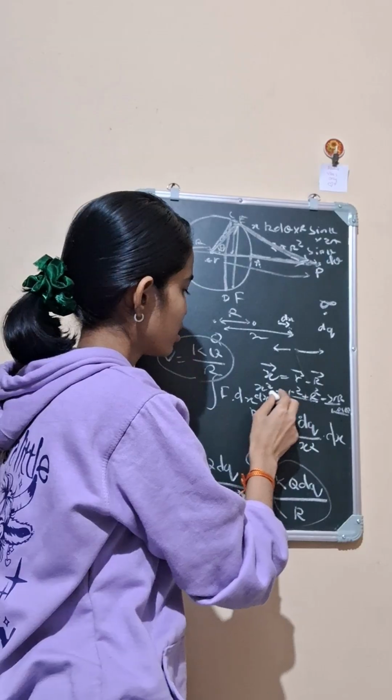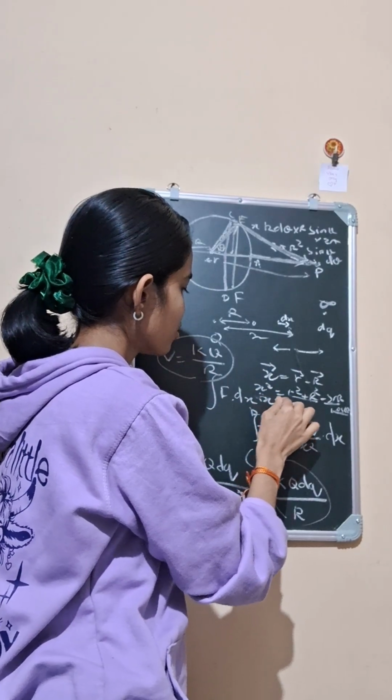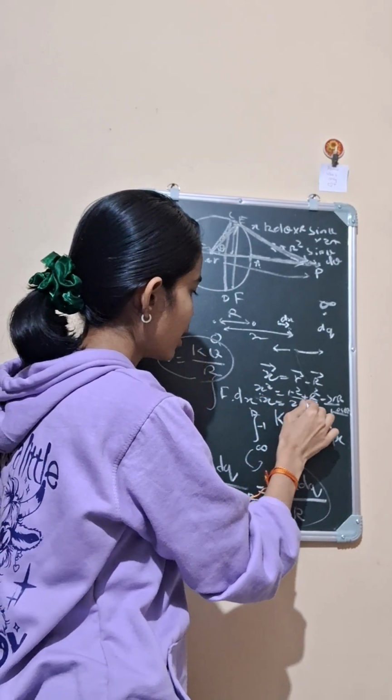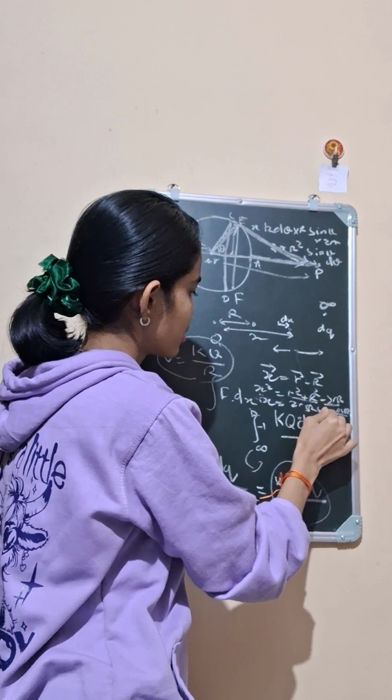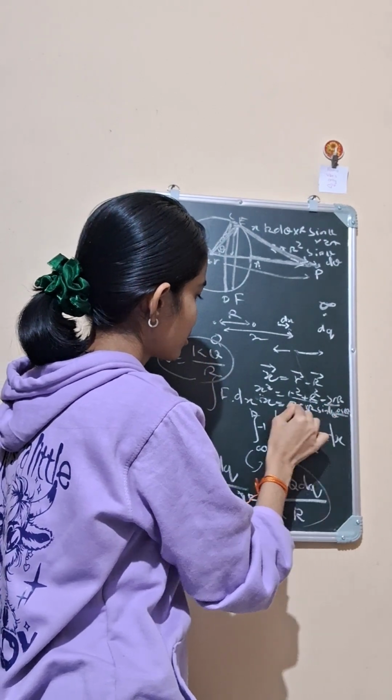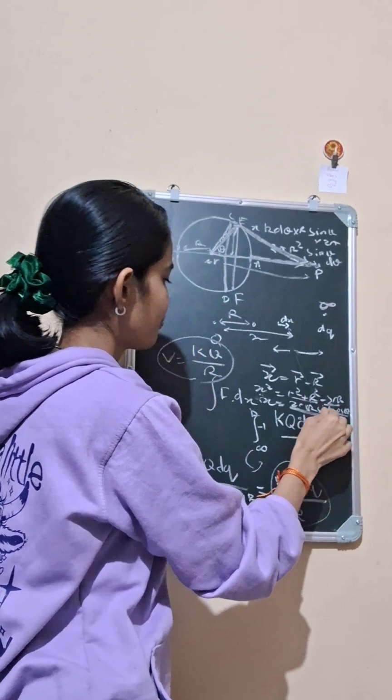So we will get x dx equals rR sin theta d theta, so sin theta d theta equals x dx by rR.